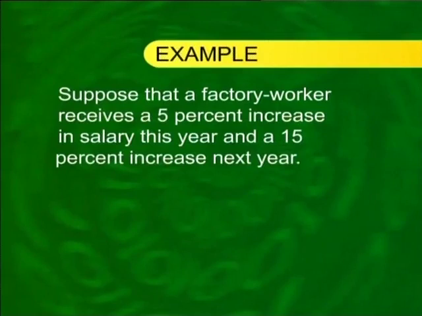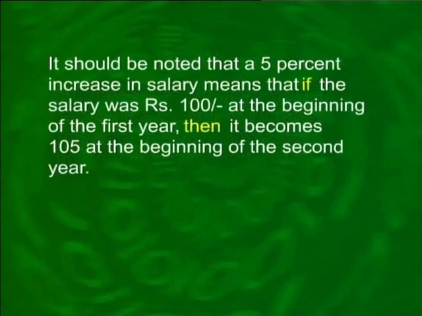Suppose that a factory worker receives a 5% increase in salary this year and a 15% increase next year. It should be noted, students, that a 5% increase in salary means that if the salary was rupees 100 at the beginning of the first year, then it becomes 105 at the beginning of the second year.